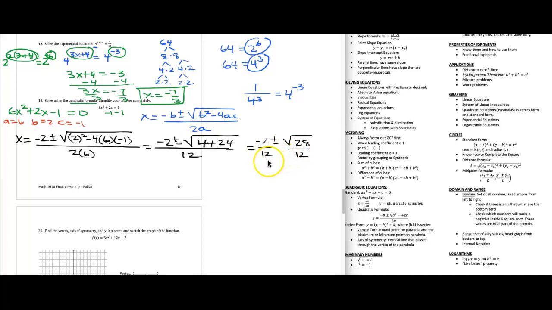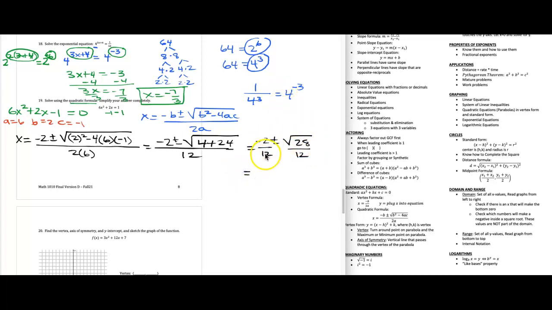If it comes out to be where you have an imaginary number, if that was a negative inside there, you would need to split it up because imaginary numbers need to be in that a plus bi form. And so you'd have to do that. So I just tell students, you might as well put it in this form. Now that square root of 28 isn't all the way simplified, right?